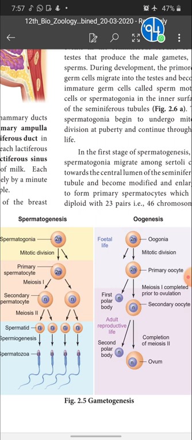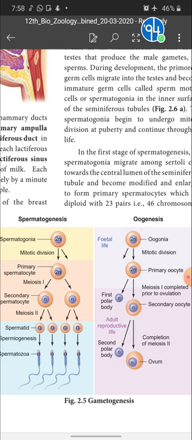In spermatogenesis, primary spermatocyte undergoes meiosis and produces 2 secondary spermatocytes. But in oogenesis, this is the first difference. Primary oocyte undergoes meiotic cell division and will not produce 2 secondary oocytes. It will produce 1 secondary oocyte and 1 polar body. The first polar body is formed during the meiosis 1 cell division.